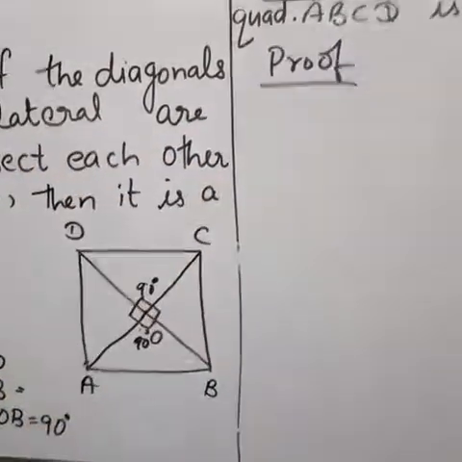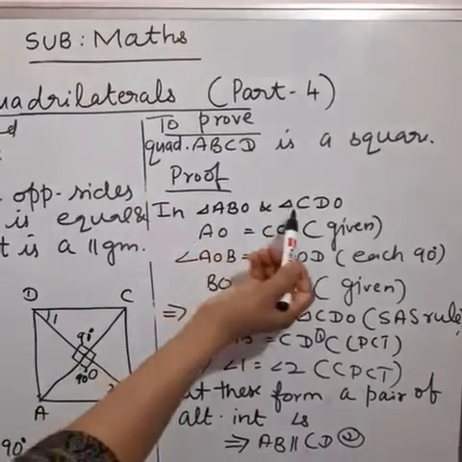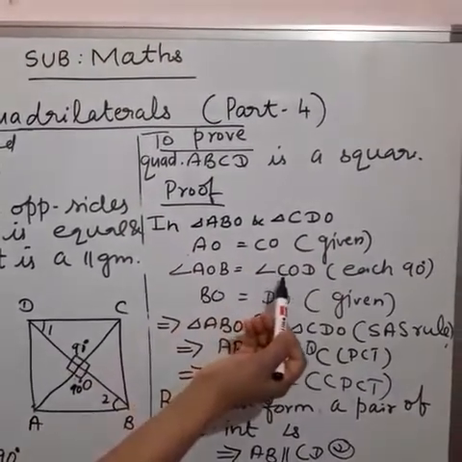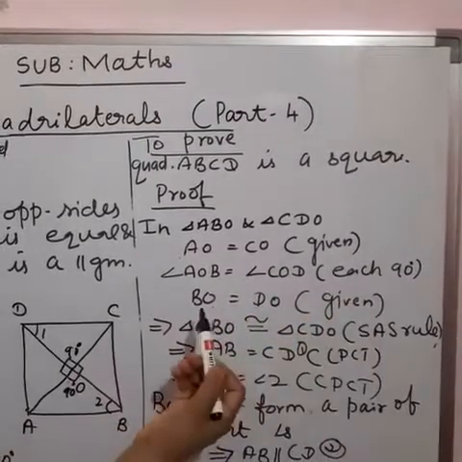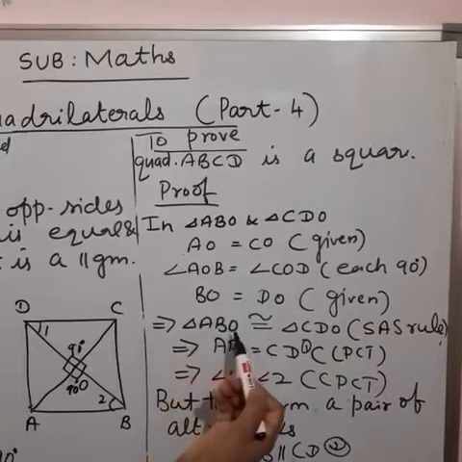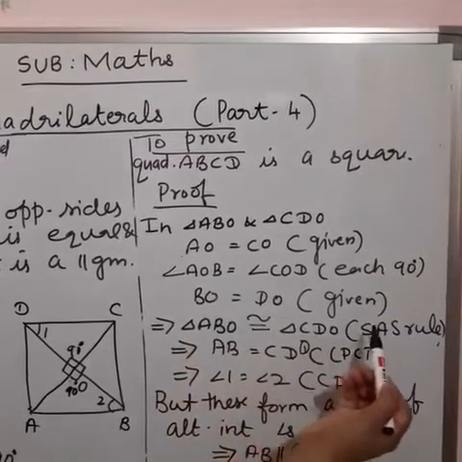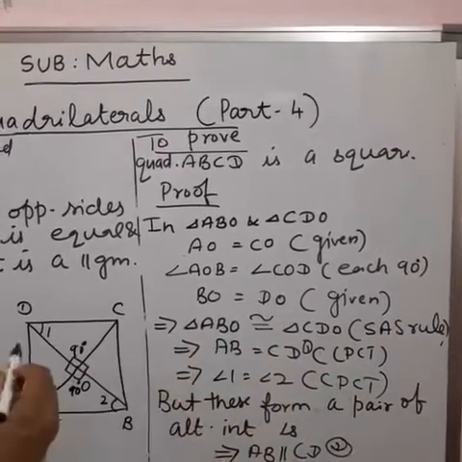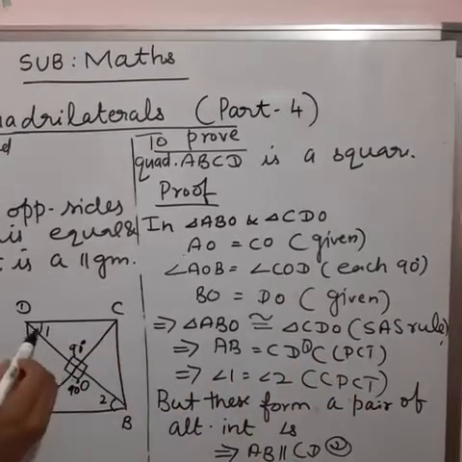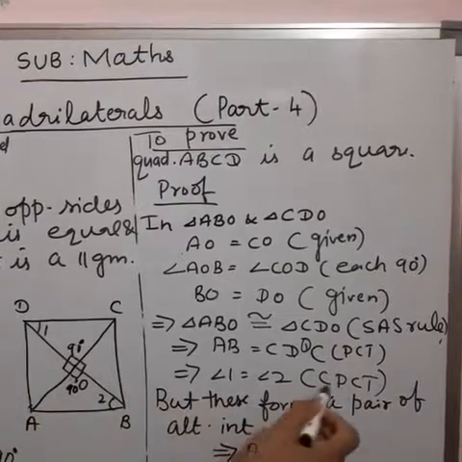So let's write that. In triangle ABO and CDO, AO is equal to CO given, angle AOB is equal to angle COD, each 90 degrees, BO is equal to DO given. So triangle ABO is congruent to triangle CDO by SAS rule. So we can take AB is equal to CD by CPCT, and also angle 1 is equal to angle 2 by CPCT.